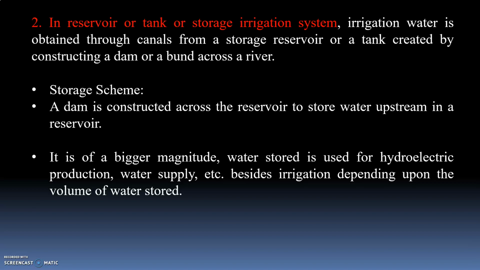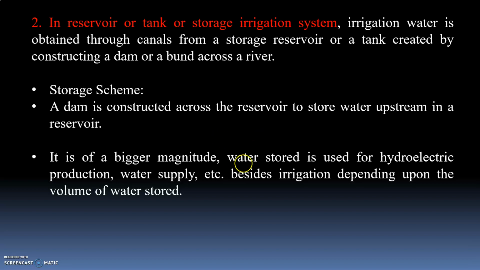In that form, the water is stored here, and whenever the water is required, at that time the water will be supplied. So depending upon the water requirements of the crops or the hydroelectric power generation, and upon the flow of the water in the river, the volume of the storage required is decided.